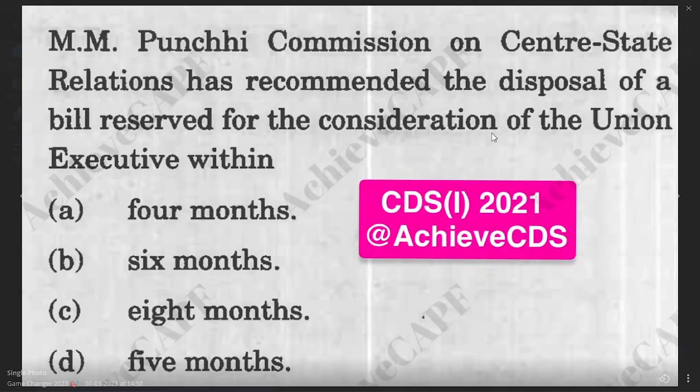The Punchhi Commission on Centre-State Relations has recommended the disposal of bills reserved for the reconsideration of the President within how many months? 4 months, 6 months, 8 months, 5 months.